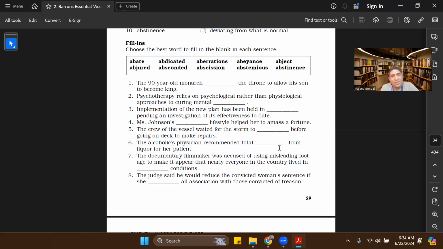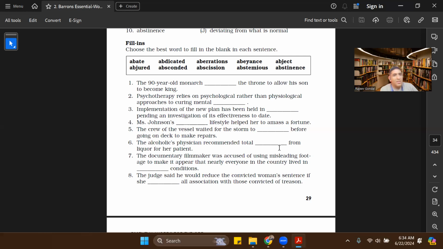Psychotherapy relies on psychological rather than physiological approaches to curing mental what? So mental aberrations, right? Mental deviations or abnormalities. Let's see what should be the answer for the third one. Implementation of the new plan has been held in dash pending an investigation of its effectiveness to date, which means they are not implementing it as yet.